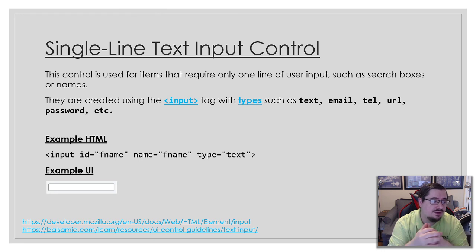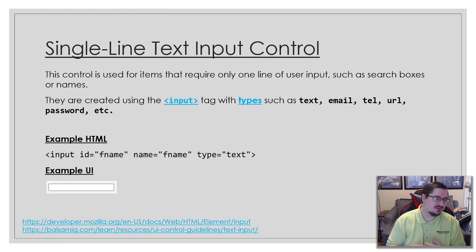There's a variety of text inputs that you can use, anywhere from text to email, telephone, URLs, passwords, etc. But a single line text is just going to say, you can enter one line of text, one value, and it looks kind of like this. It's just a box, right? So the way that we get these different kinds of inputs, we do that by changing the type, as we kind of talked about earlier.